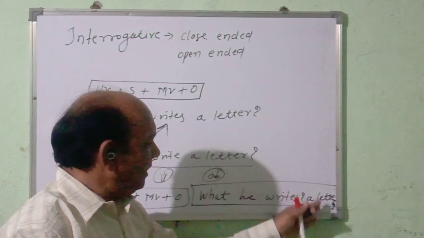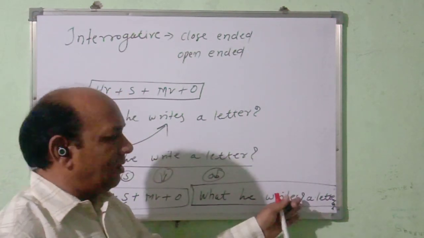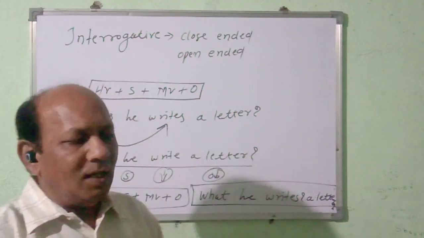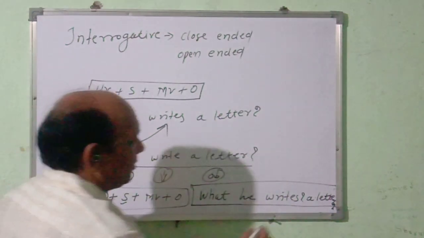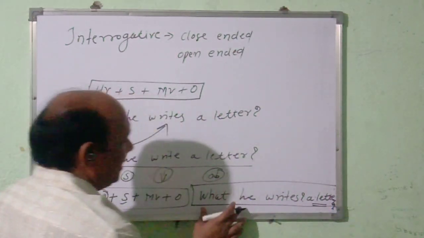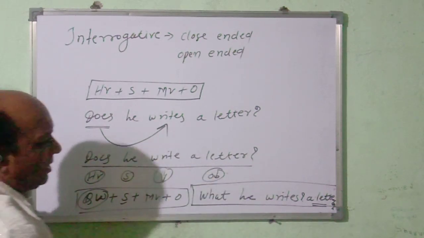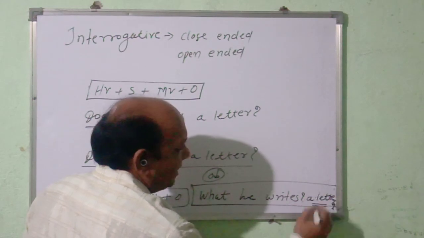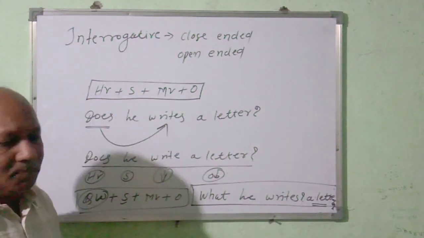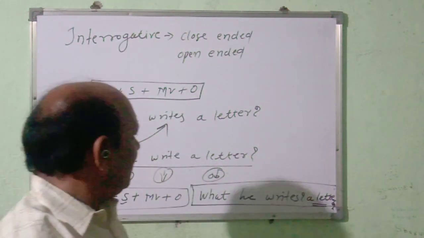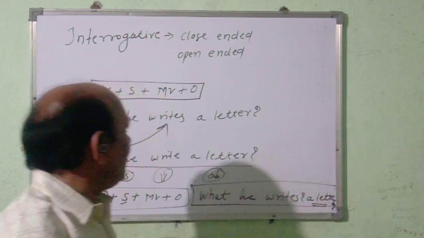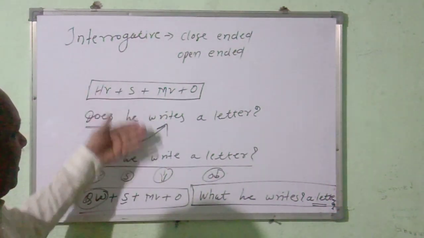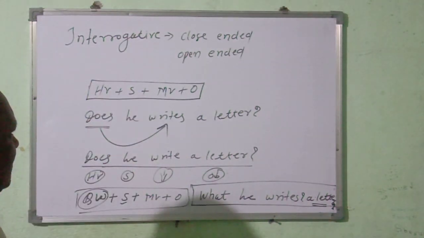So when you add the object of the sentence in this sentence, it is superfluous. There is no need to add the object of the sentence when you are asking the open-ended question. What he writes is the question, and a letter is the answer to the question. Such types of open-ended and close-ended questions you have to create with the help of both sentence structures.